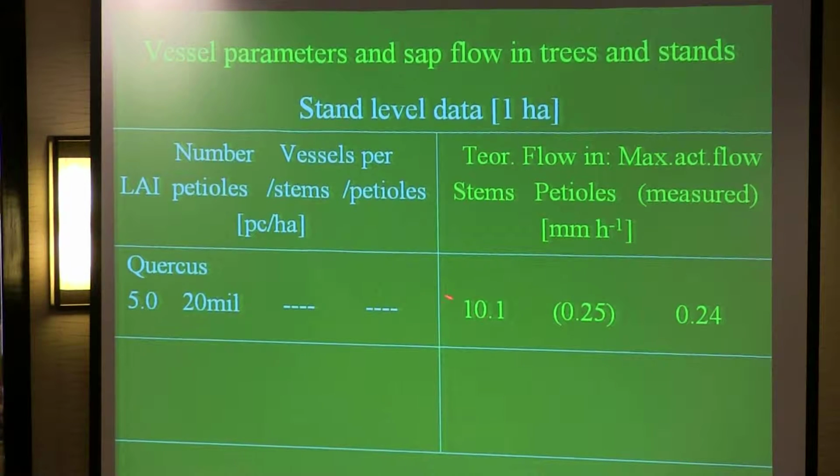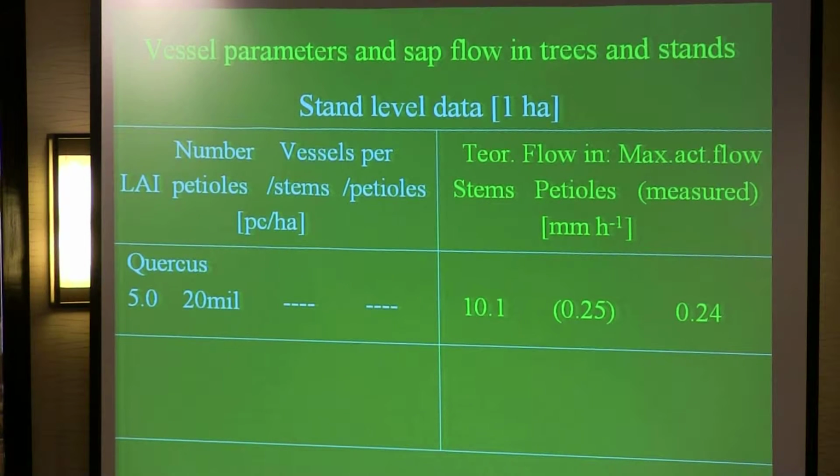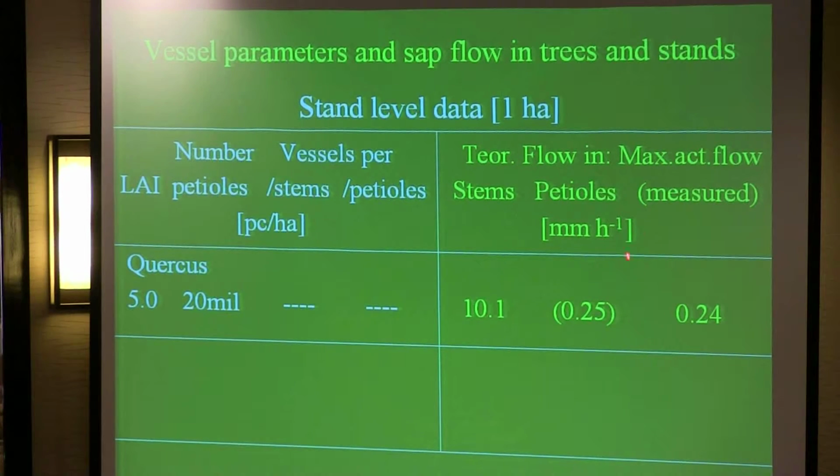We see that, of course, this is much higher than both, but this actually measured flow is almost the same as the theoretically calculated for petioles. That theoretical flow you estimated with the fourth power of the diameter? Yes, of course. We work with vessels and calculate flows from the fourth power, plus this Hagen-Poiseuille flow equation.